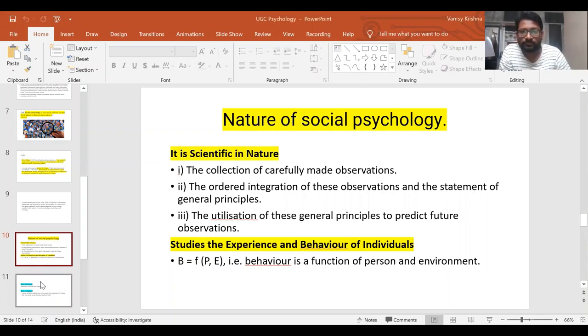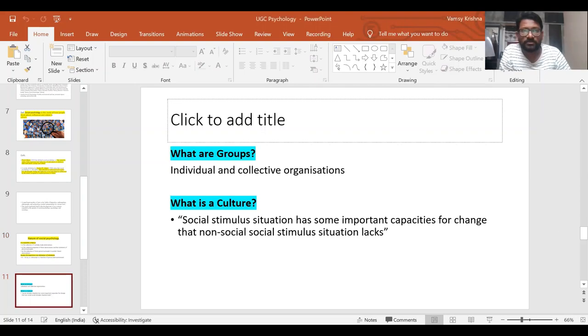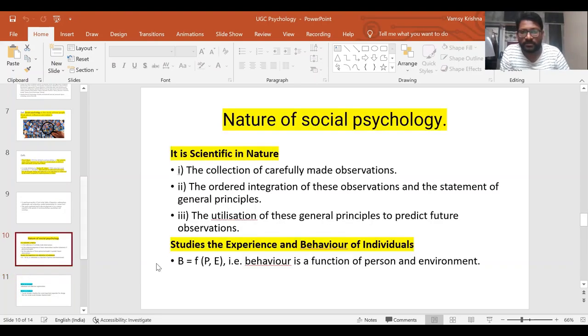And coming to the next aspect, there are a number of questions that we can figure out when we talk about this, that is B equals behavior equals function of person and environment.